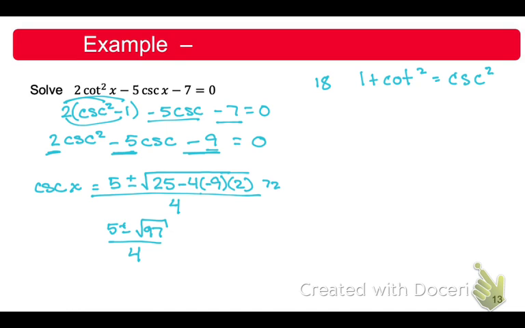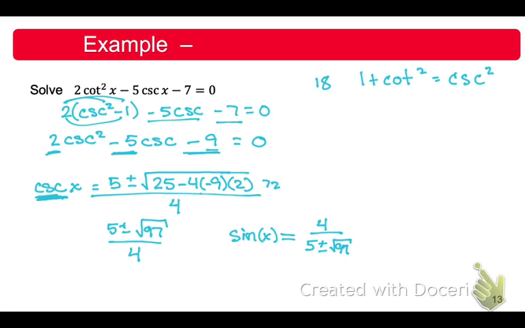Would you break the 97 down? Isn't 97 prime? Yeah, I'm pretty sure it is. Okay, so I'm not going to do cosecant in my calculator. I'm going to do 1 over sine, or sine of x equals the reciprocal of this: 4 over 5 plus or minus the square root of 97.